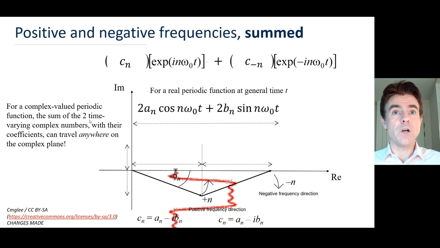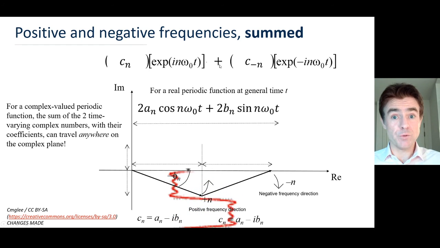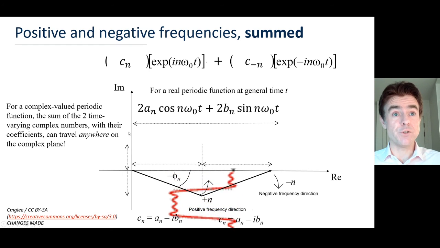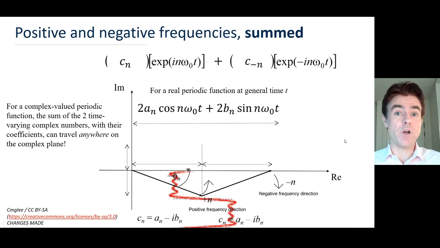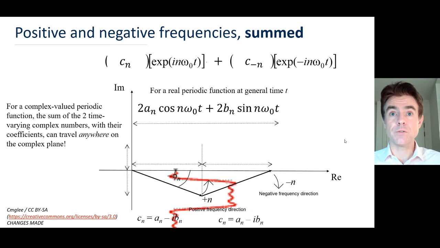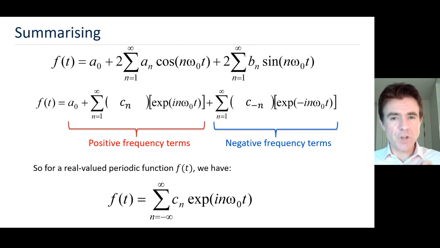If you applied this expression, we're almost there with the complex Fourier series, if you applied it to a complex valued function, then this could go anywhere on the complex plane, not just constrained to the real axis. So to summarize, the top expression is hopefully very familiar to you, saying a real periodic function is given by an offset term plus this infinite set of cosines and infinite set of sine terms.